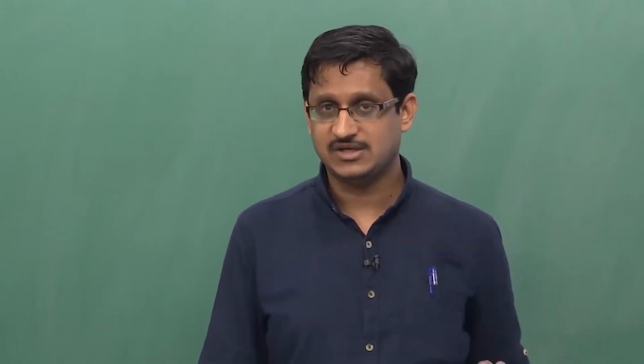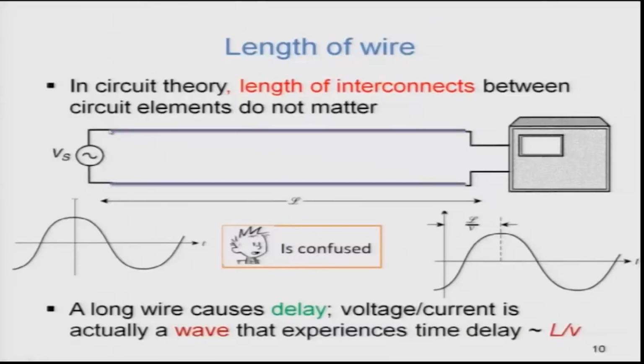There is only one catch here. The catch is that I am looking at the voltage at one end of the wire, and at the other end of the wire again I am measuring the voltage. I am not measuring current. So, I do not actually expect that the voltage will have a phase shift.